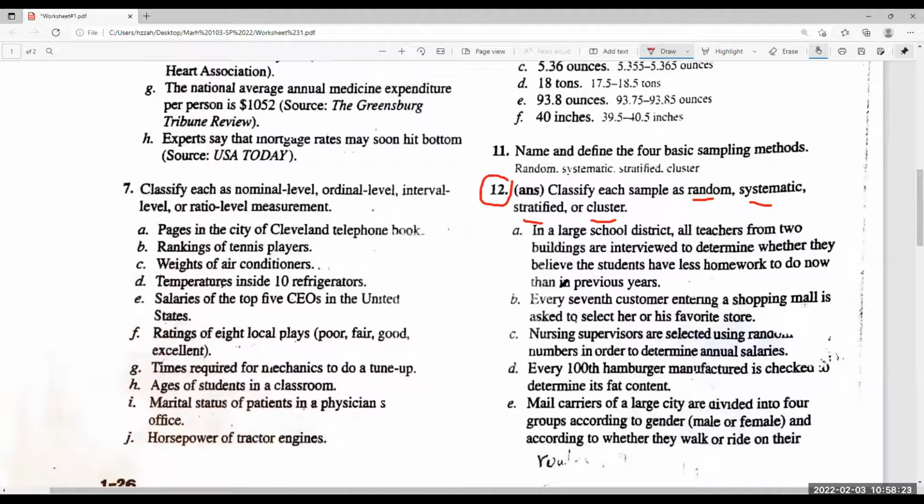If it's every 5th, every 2nd, every 10th, systematic. If they divide it into different parts and pick special clusters only, that's clustering. But if they divide and pick some people from each part of the society, put them together, that's stratified, the best format. Okay, are you ready?